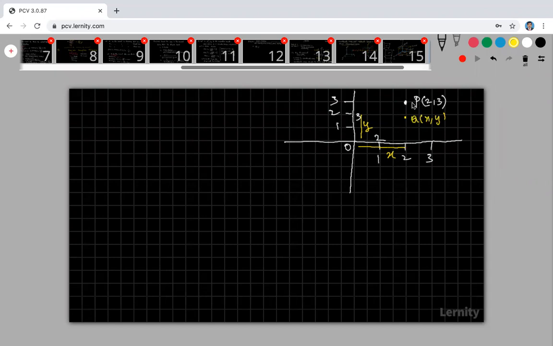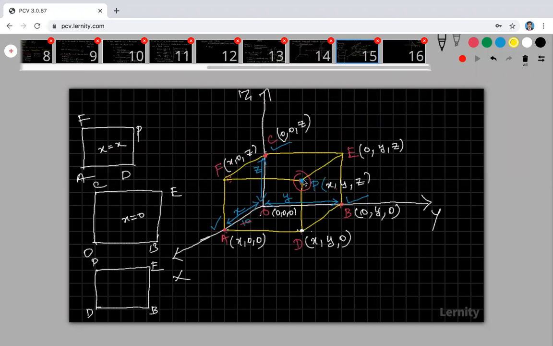This point does not intersect the x-axis and y-axis. Like that, here my P is a point. This does not intersect the x-axis, y-axis, z-axis. The point may be on the x-axis or y-axis or z-axis, but it is not necessary that all points intersect or lie on the coordinate axes.